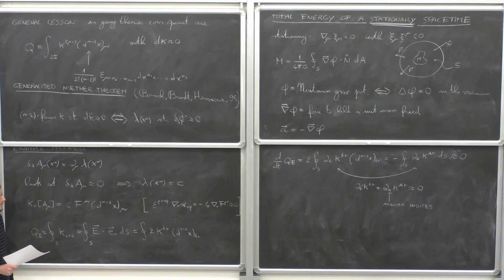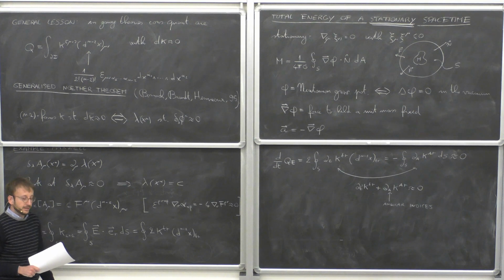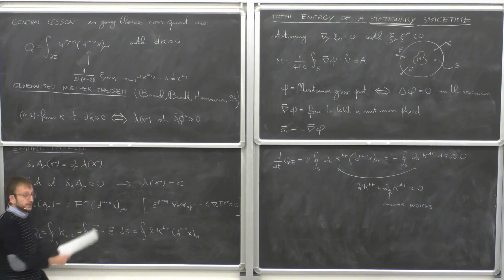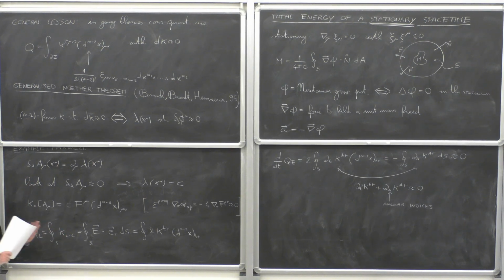So this means that the next step will be a little less formal. I haven't proven this theorem here, but it is a theorem, so it's a solid result. Everything that concerns asymptotic symmetries starts to become a bit less solid, because you have to develop a setup in which you fix some boundary conditions.